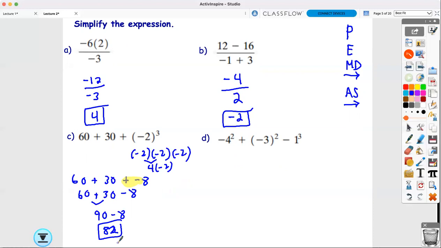Let's look at D. D, there's no parentheses to simplify, but we have exponents. We have 3 different exponents we have to simplify in D. So let's do the first exponent first, -4 squared. Is there parentheses? Yes or no?